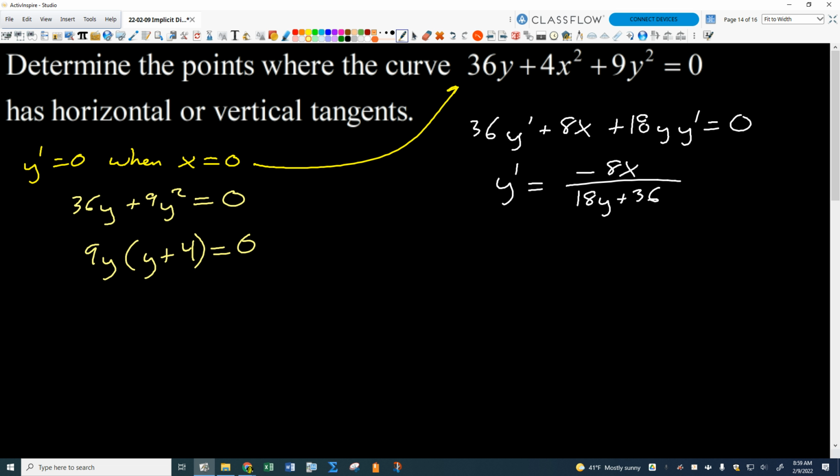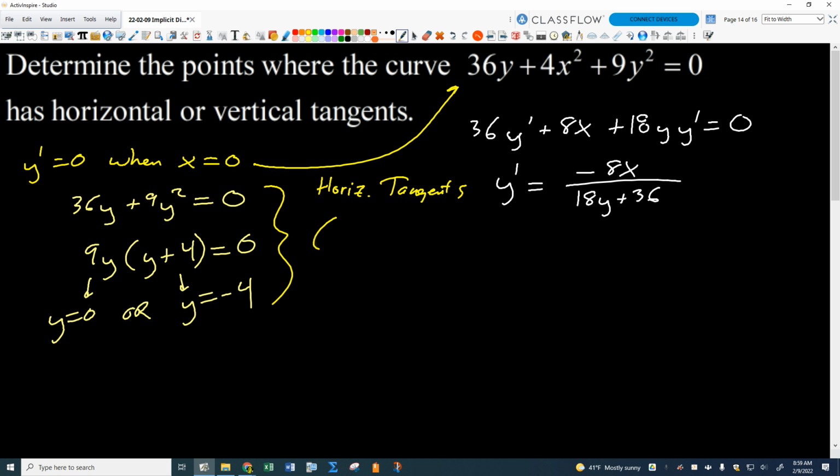Yeah, there you go. So we get y equals 0 or y equals -4. So all that is telling us that we have horizontal tangents at the points x is 0, y is 0, or the point x is 0, y is -4.